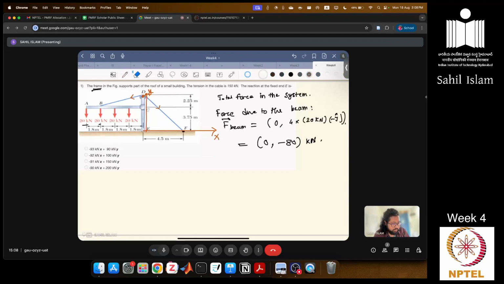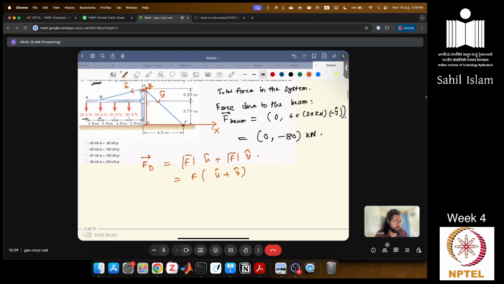Let's say this is u cap. The unit vector along this direction from D to B is u cap and the unit vector from D to F is v cap. So the force at the location D is some mod F u cap plus some mod F v cap. So we write it as mod F times u cap plus v cap.